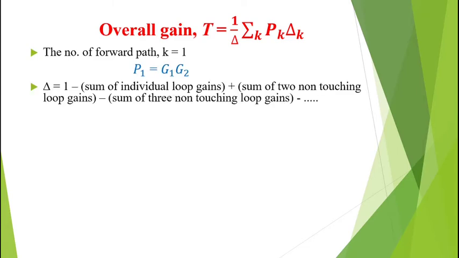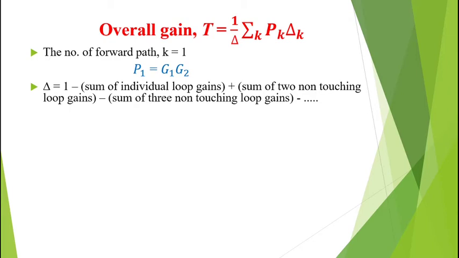Now we have to calculate delta, and the equation for delta is given as 1 minus sum of individual loop gains plus sum of 2 non-touching loop gains minus sum of 3 non-touching loop gains, and so on. First of all, we have to find the number of individual loop gains.